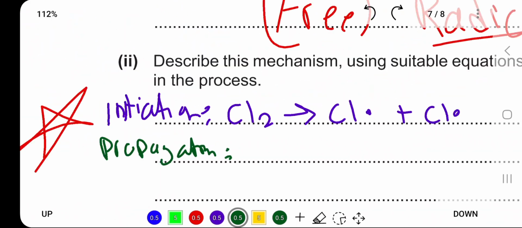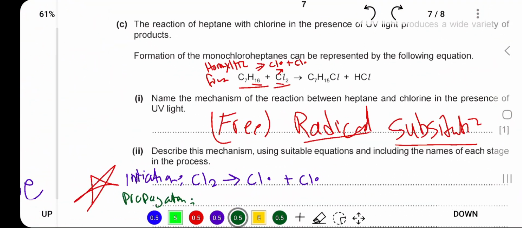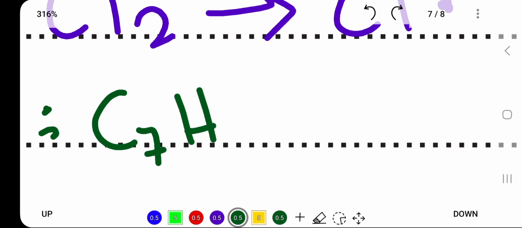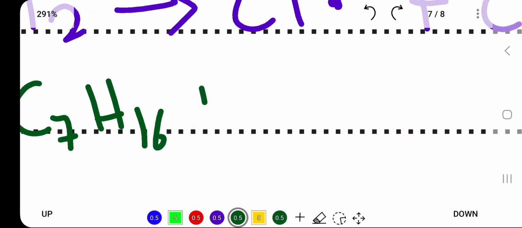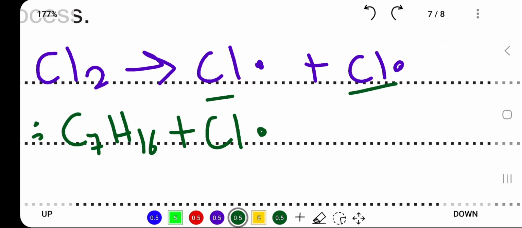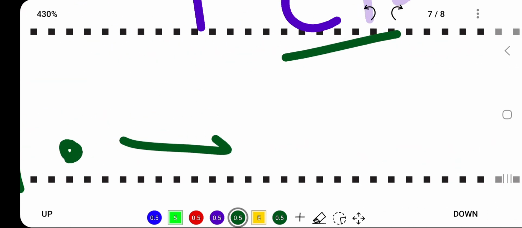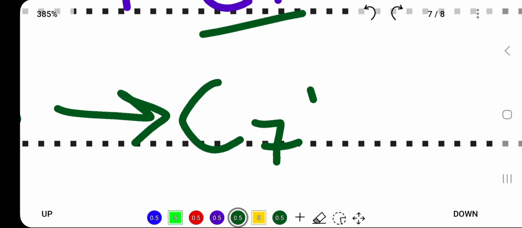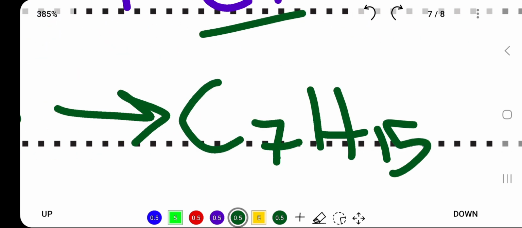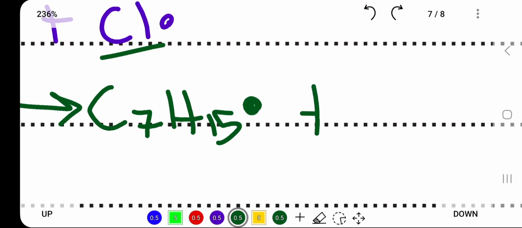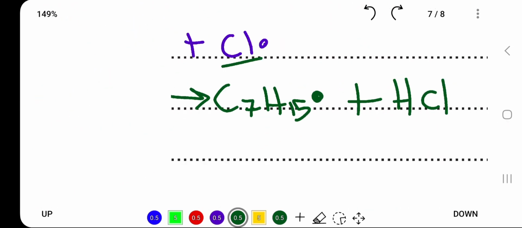First thing, in the equation they gave you, C7H16 reacts with one chlorine radical, which is formed by the initiation part, to give you C7H15 radical once again plus HCl.